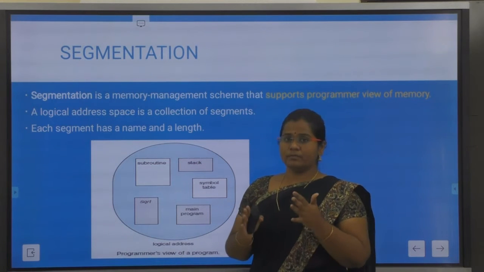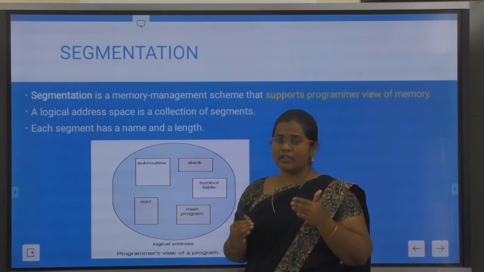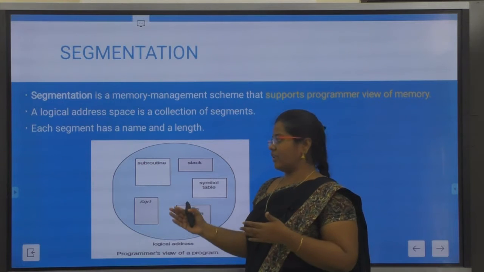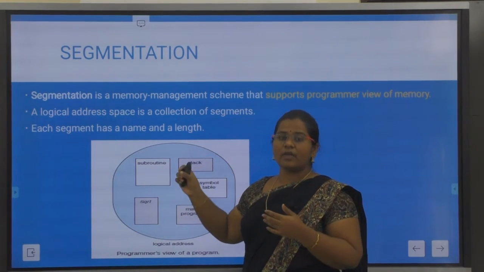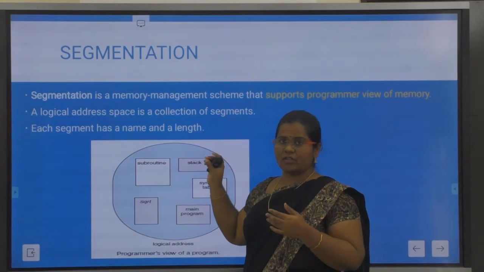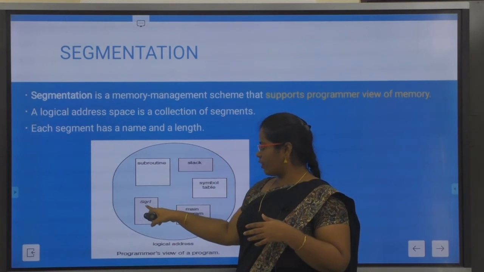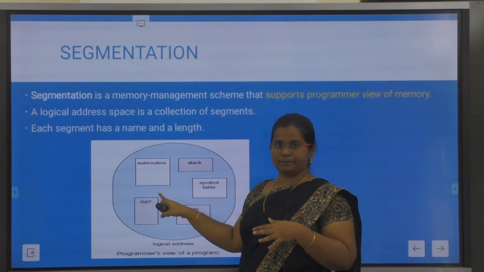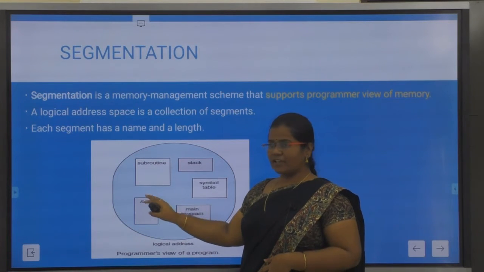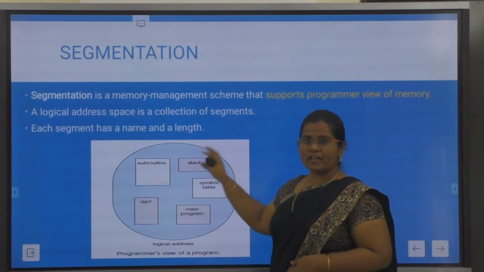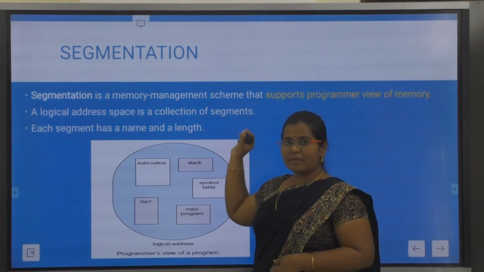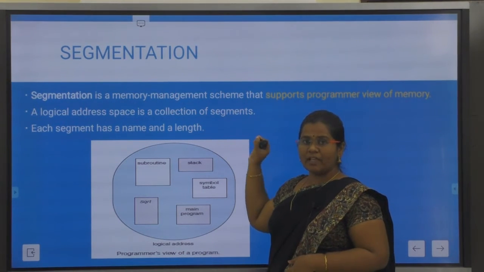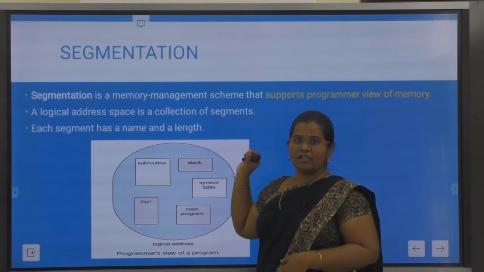Now whenever you are executing your program, the CPU will generate an address to execute a particular instruction. For example, if you want to execute the sqrt function, it is stored somewhere in main memory, and that physical address should be traced out by the CPU.